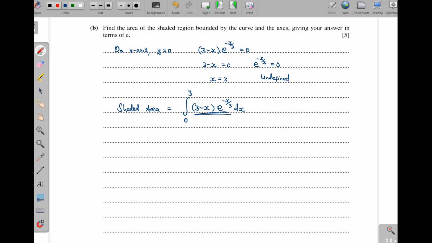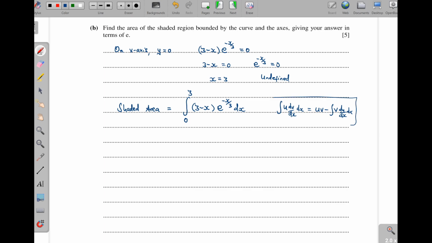Now this is a product of two functions, so here we use integration by parts. Okay, in integration by parts, we say that when you are integrating u, then dv dx with respect to x, you get uv minus the integral of v, then du dx with respect to x.